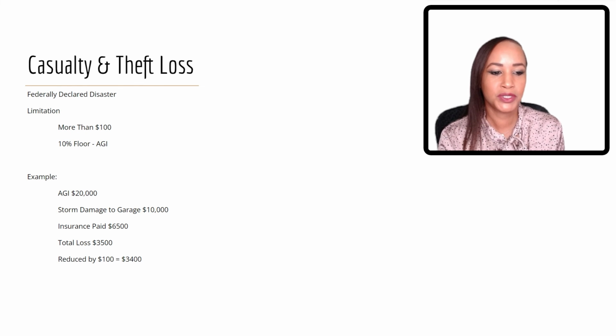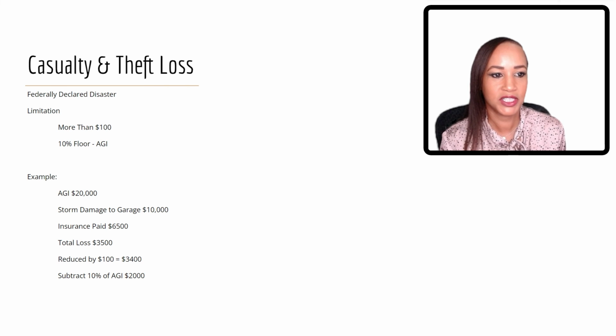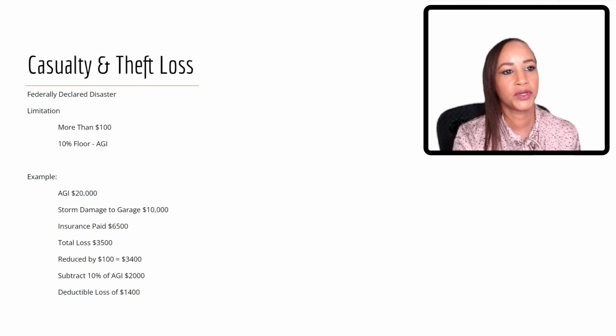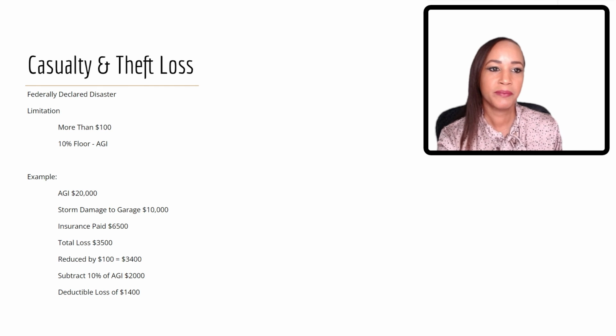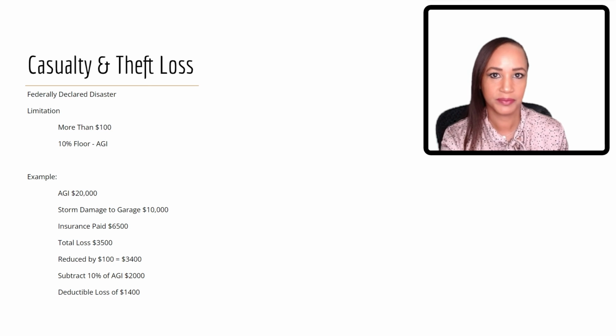First we have to reduce that by $100, so now we're at $3,400 allowable. Then we have to subtract 10% of the AGI. We have that 10% AGI floor, and that's going to be $2,000. So now we have a deductible loss of $1,400 that we can take as an itemized deduction for your casualty and theft loss. But the biggest takeaway here is that it must be a federally declared disaster.